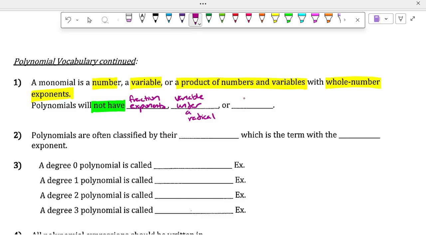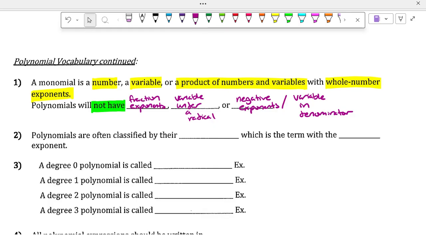And they will not have negative exponents, which means a variable in the denominator. Okay, so polynomials are strictly positive whole number exponents, and there should be no radicals anywhere with a variable under it.